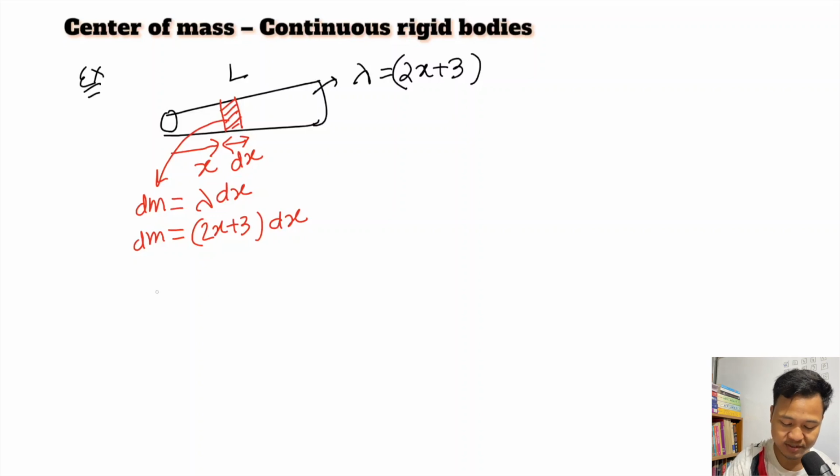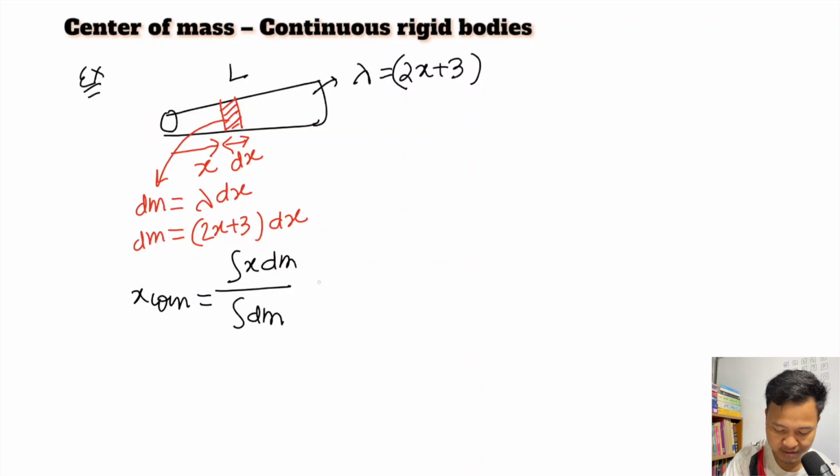Now the formula. xcom equals integral x into dm divided by integral dm.